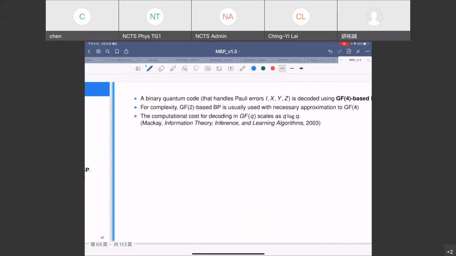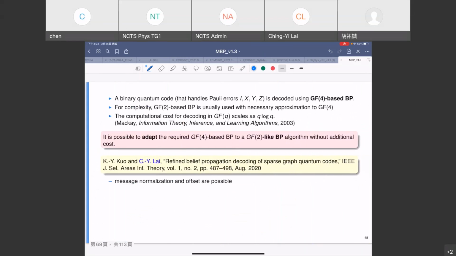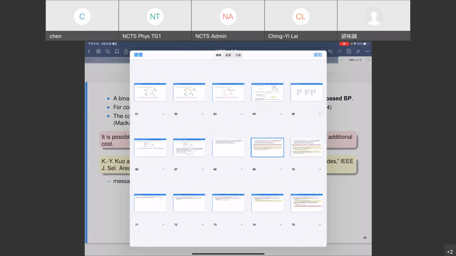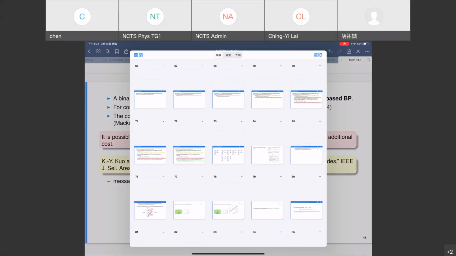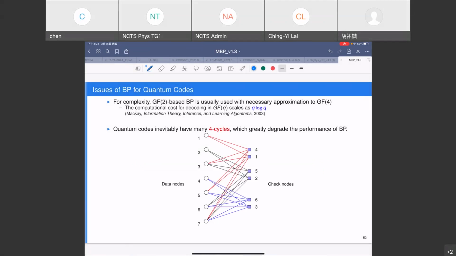However, in a quantum code, we usually have many short cycles. Okay, like this one. We always have many 4 cycles. The quantum code is defined by a stabilizer group. The stabilizer group is composed of stabilizer generators, because X and Z anti-commute.